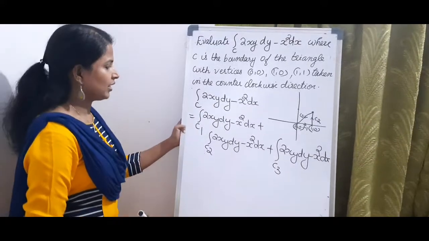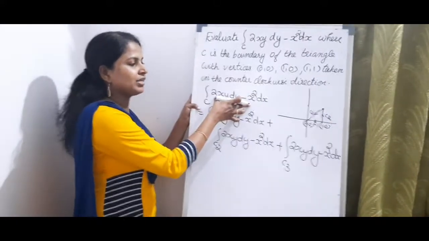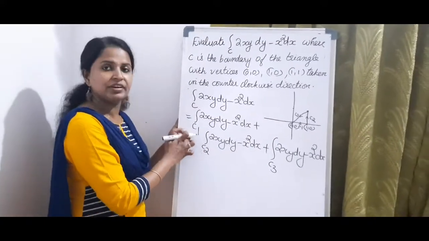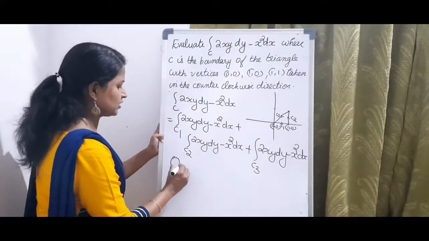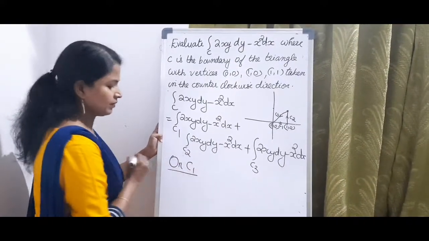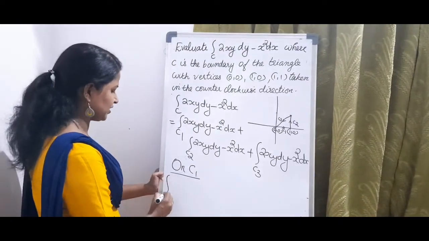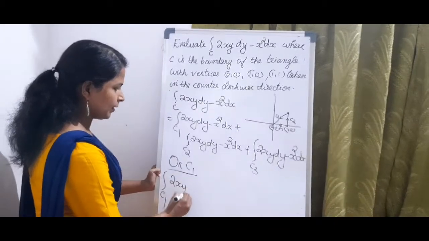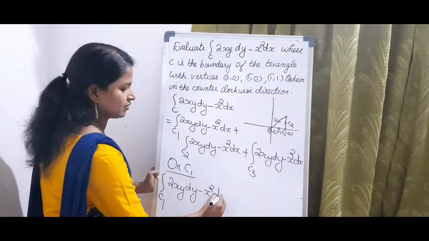That is, the integral over C of 2xy dy minus x squared dx becomes the sum of these three curves C1, C2 and C3. First we evaluate on C1, the integral over C1 of 2xy dy minus x squared dx.